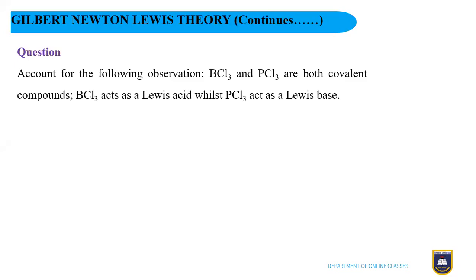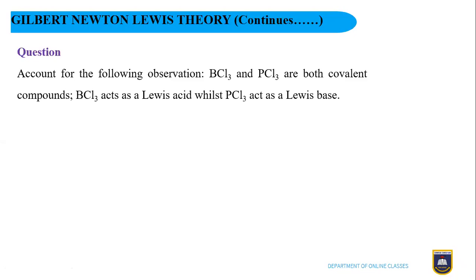BCl3 acts as a Lewis acid, whilst PCl3 acts as a Lewis base. Why? If you look at the compounds, they have the same number of chlorine atoms. They look similar in terms of structure. But why is the boron chloride acting as a Lewis acid, whereas the phosphorus chloride is acting as a Lewis base? It's about writing the electronic configuration for the central atoms.